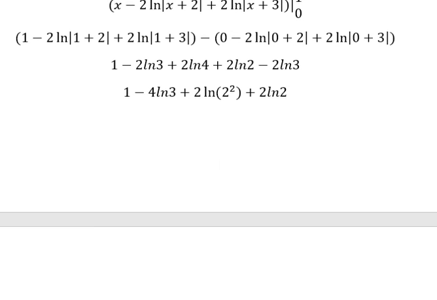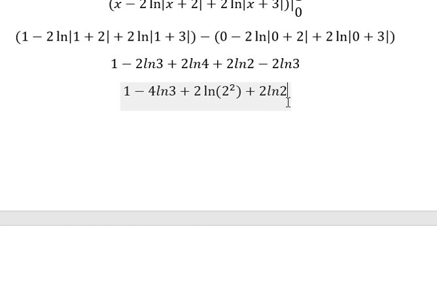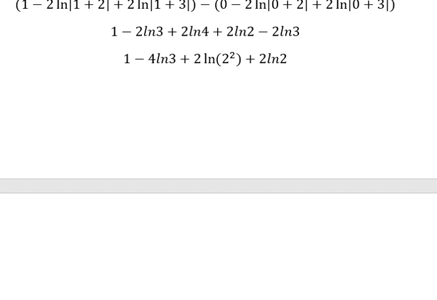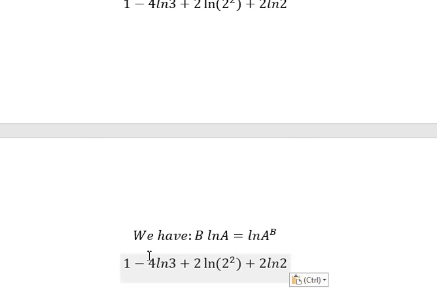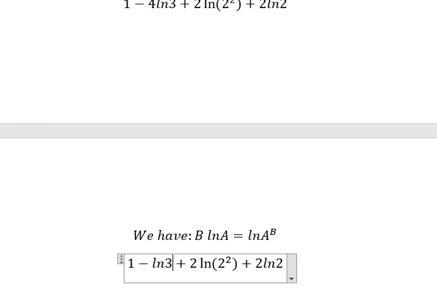So in this situation, we can put 2 inside here, this one in here, and 4 in here, because we have the formula. So we have like this.